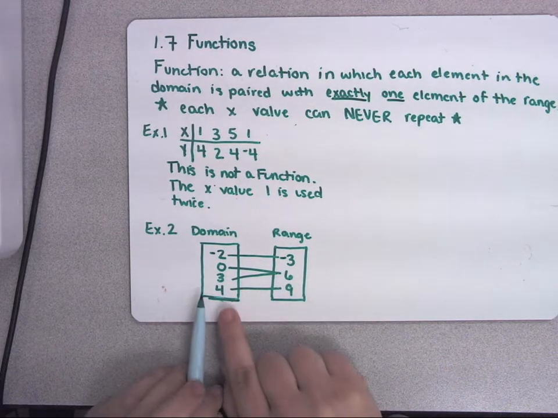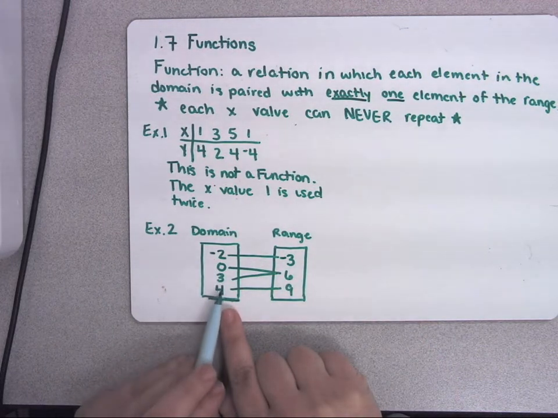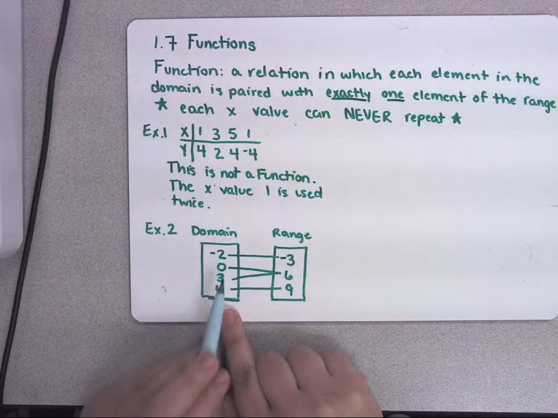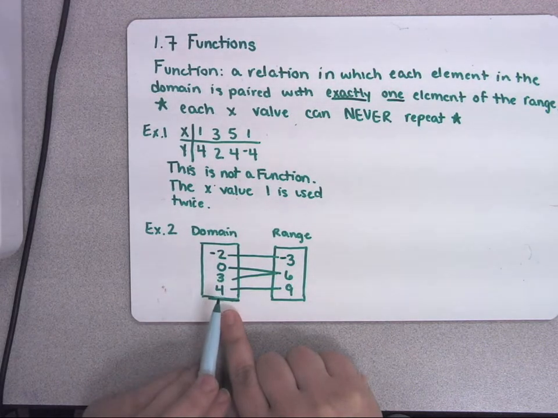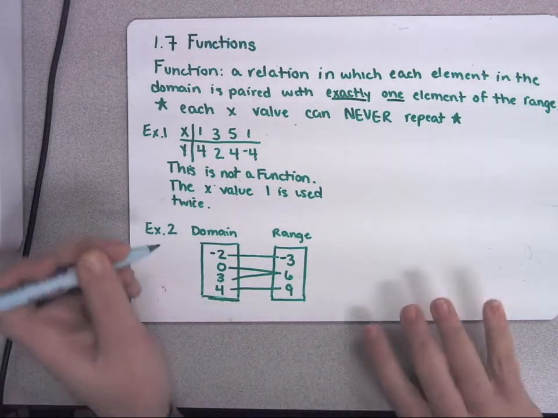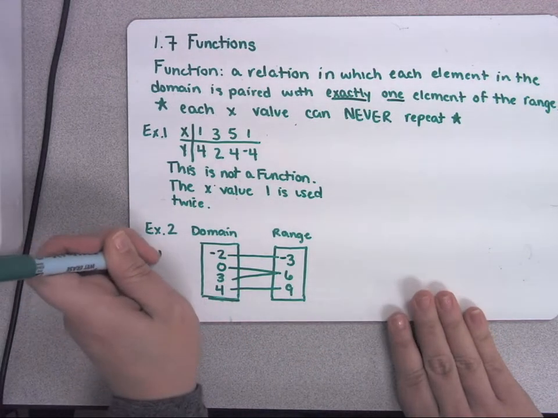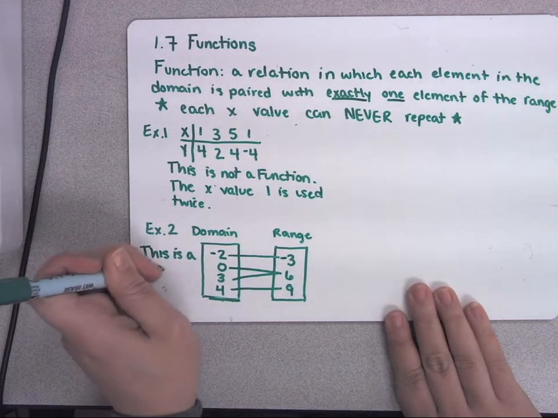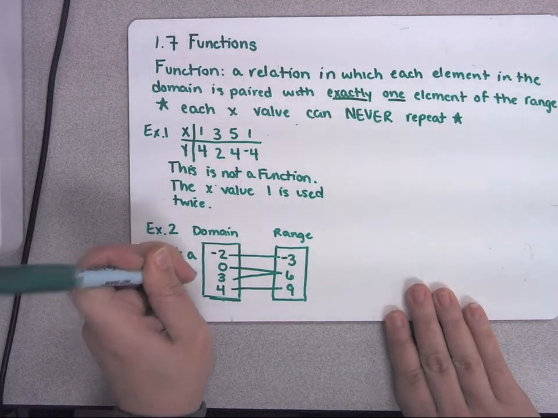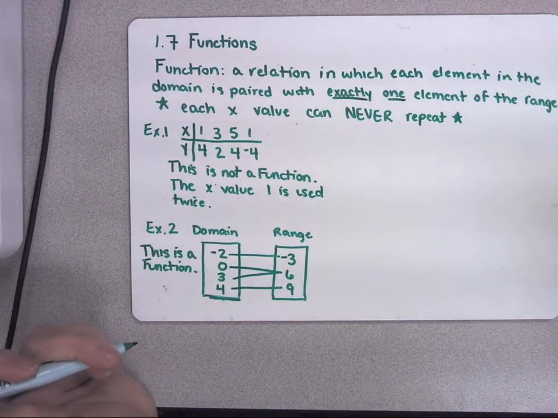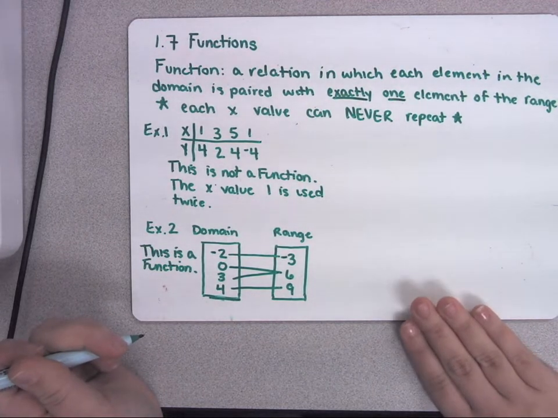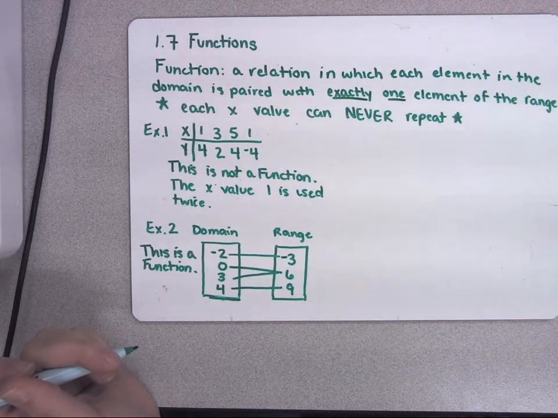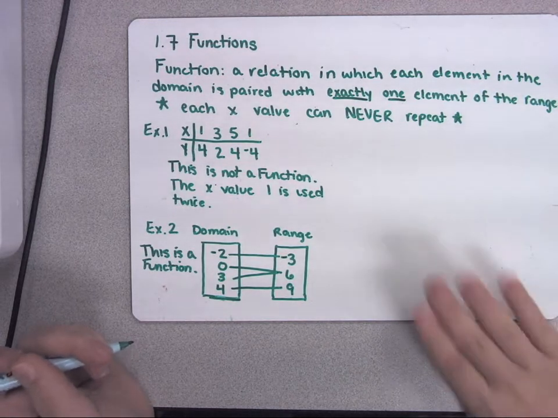No. So we're only looking over here. Do these numbers have any 2 lines coming from them? No. Since there are not 2 lines coming from any of them, is this a function? Yes. So this is a function. Again, if you have to explain, you can literally say there are no domain values repeated or no x values repeated.